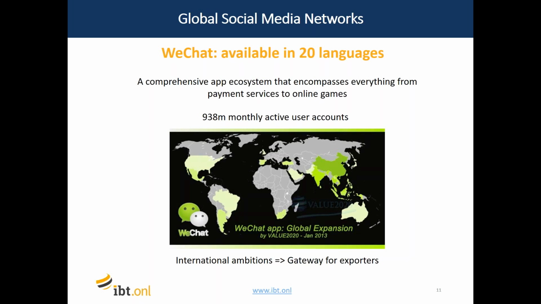And that's why this map here is from January 2013. In fact, WeChat's international ambitions have rather changed. At first it was a disappointment, but I think they just basically changed strategy as the other big platforms, notably Facebook, took note of what WeChat was doing and said, we really have to up our game here.